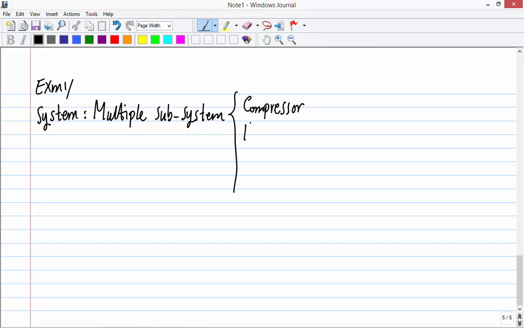So we're gonna have multiple subsystems, which means compressor, heat exchangers, addition and rejection.